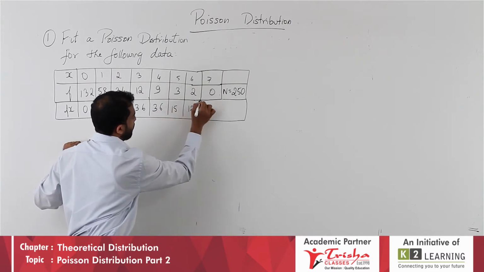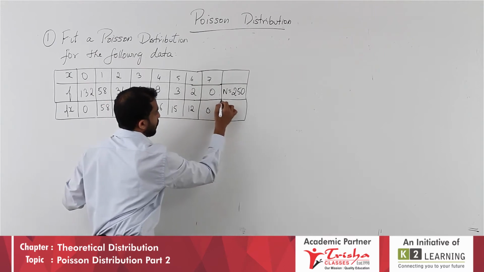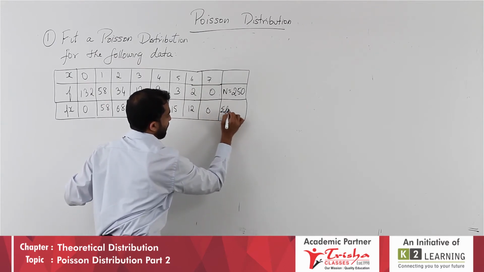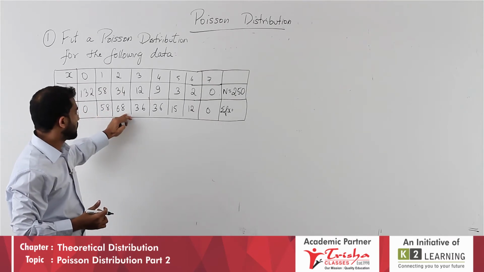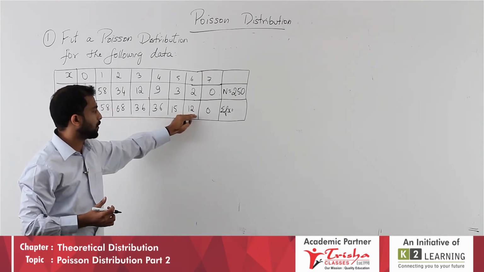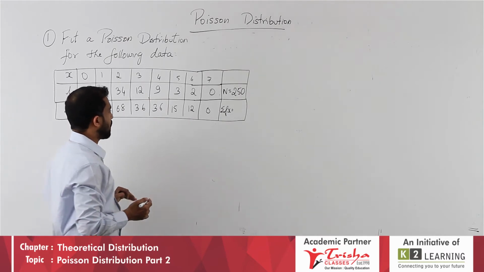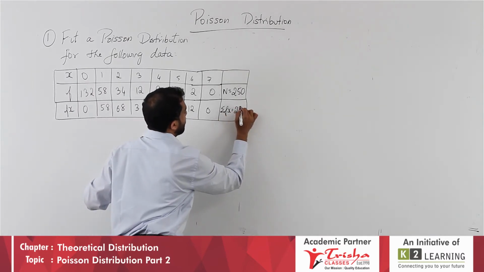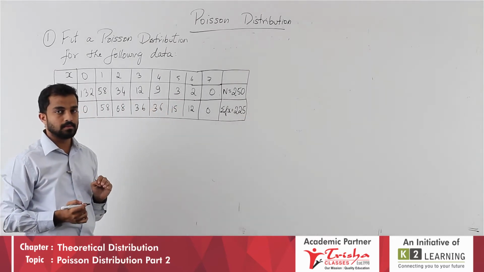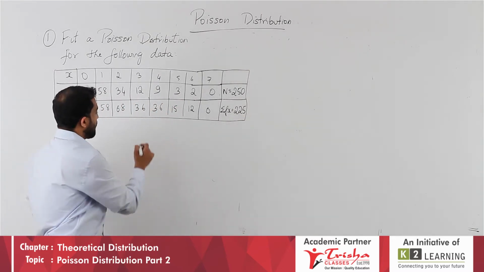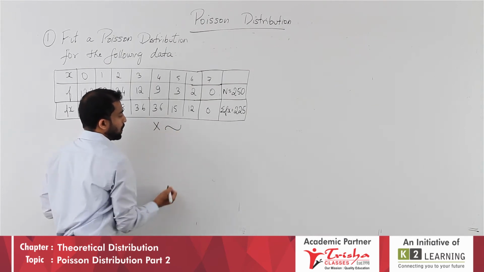This is 12 and this is 0. Summation fx. Total this students quickly. 0 plus 58 plus 68, 36, 36, 15, 12 and 0. This should come up to 225.